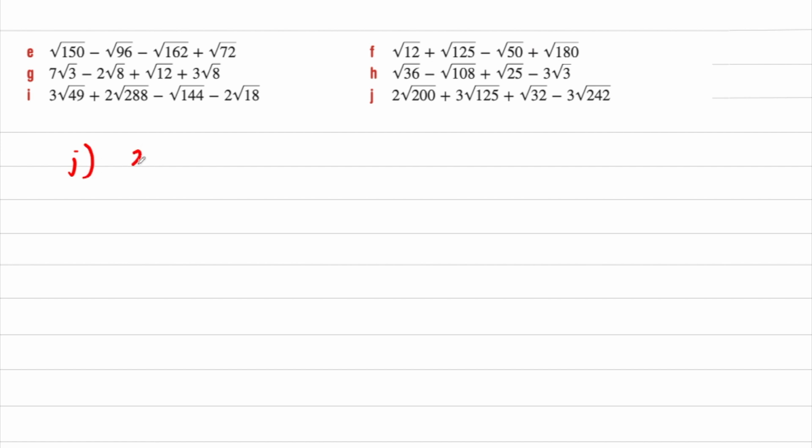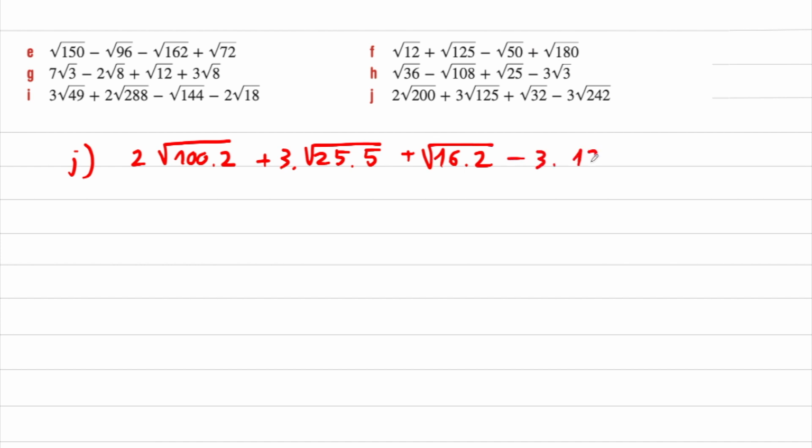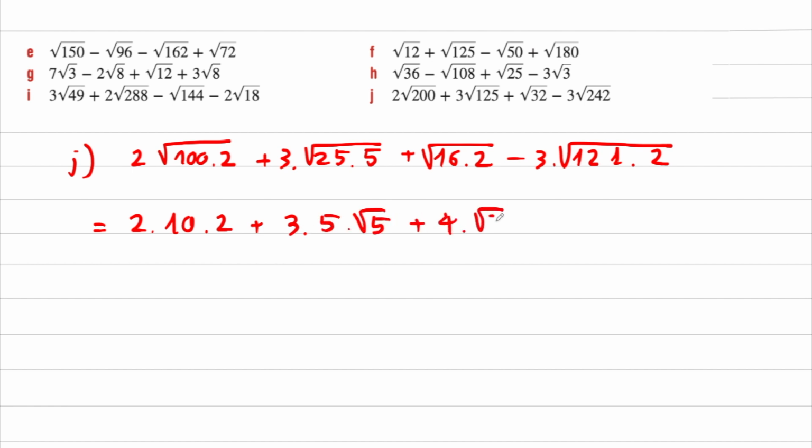You have 2 square root 100 times 2 plus 3 25 times 5, and you got 16 times 2 minus 3 times 121 times 2. 121, this one is 10. This is 3 times 5, square root 5. This is 4 square root 2. Minus 3 times 11.